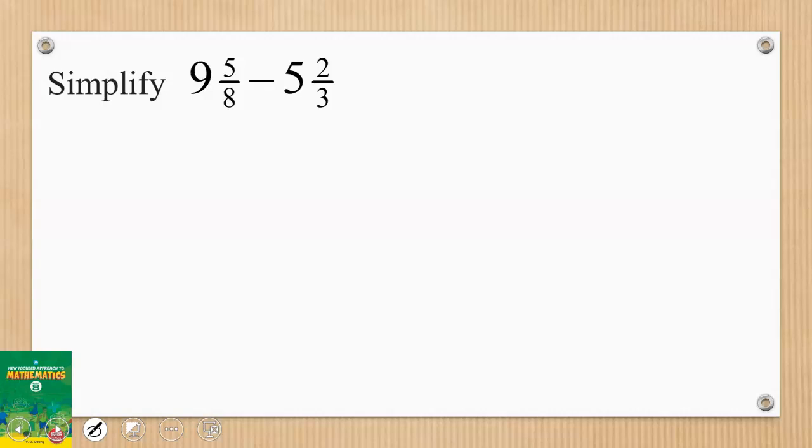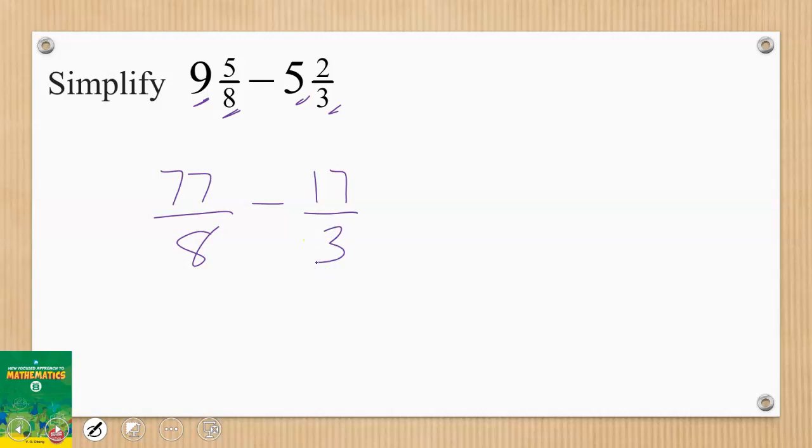Now, in solving this question, again, let's use maybe the second approach, that is, we convert them into improper fractions, then we subtract. So 9 times 8 will give us 72 plus 5, which will be 77 divided by 8, minus 3 times 5 is 15 plus 2, that will be 17 divided by 3.